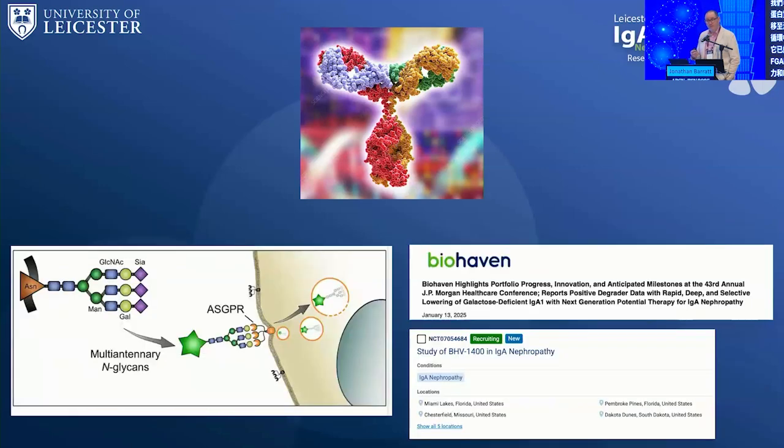There is another approach where you tag the Gd-IgA1 with a drug to bring it to the hepatic asialoglycoprotein receptor, where the IgA is endocytosed and degraded. We already have healthy volunteer data, and we have a clinical trial of this approach already happening in IgA nephropathy. In fact, my site will open for this trial later this month. So this is a way of removing the Gd-IgA1 exclusively.